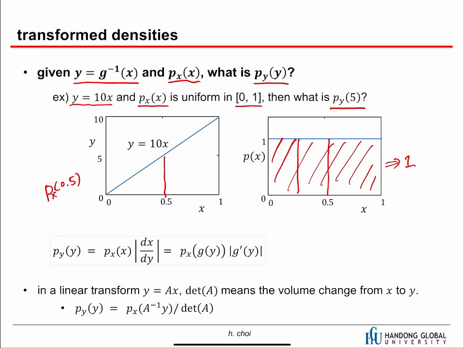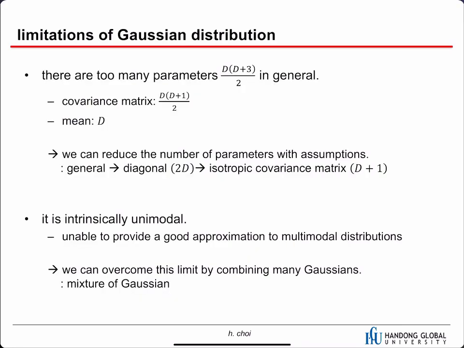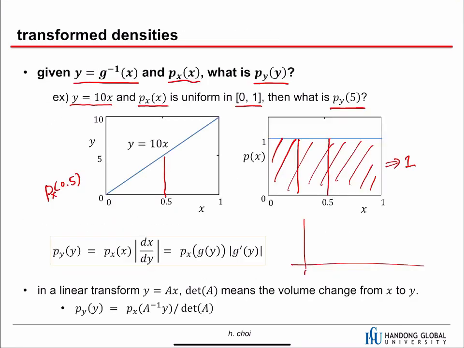Since the transformation is just about scale, y goes from 0 to 10, because x goes from 0 to 1 and the transformation is multiplication by 10. Then the probability should be a uniform distribution, because we just changed the scale.